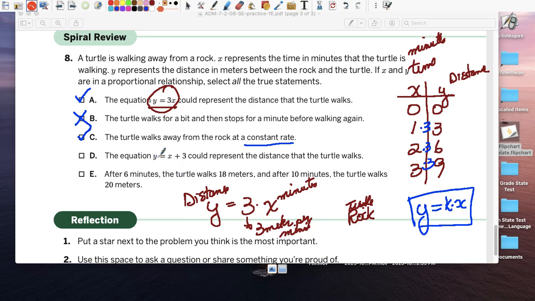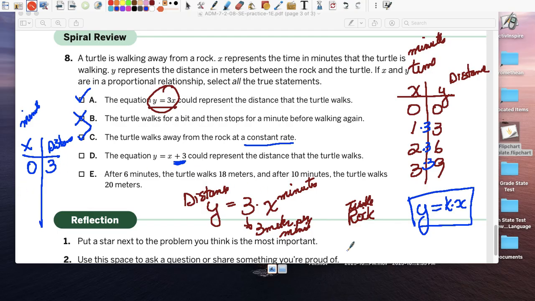The equation y equals x plus 3 could represent the distance that the turtle walks away. No, there's a plus 3 here. How is that possible? Look, this is the time, minutes, and this is the distance. How do we explain that at 0 minutes he's already 3 meters from the rock?